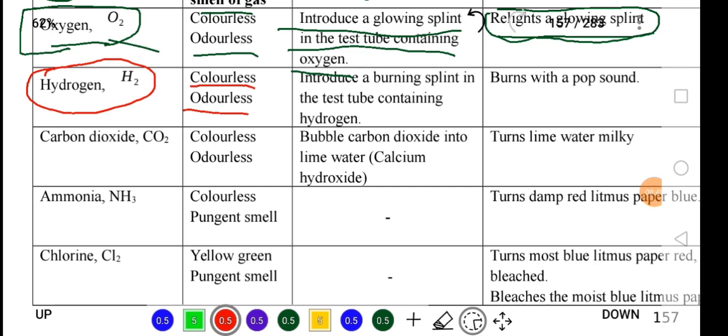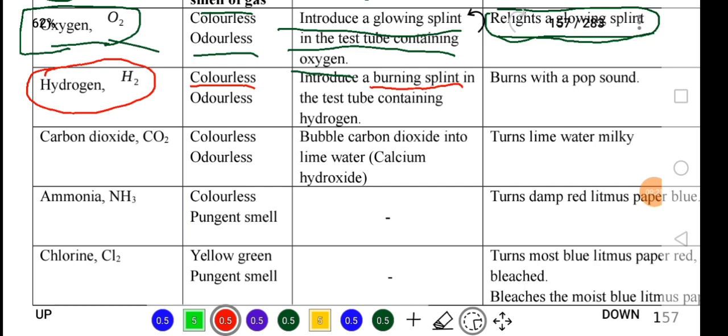Remember, on the oxygen we introduce the glowing splint, meaning we are not interested in the flame only. No, provided there is fire present on the stick, you are going to observe the change. But on the test for the presence of hydrogen, definitely we need that splint to be burning. Why?